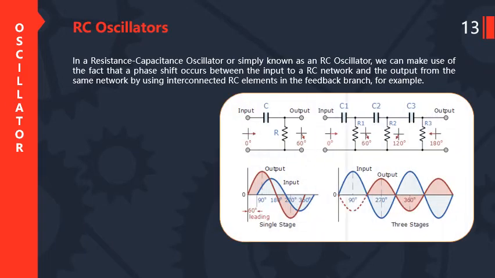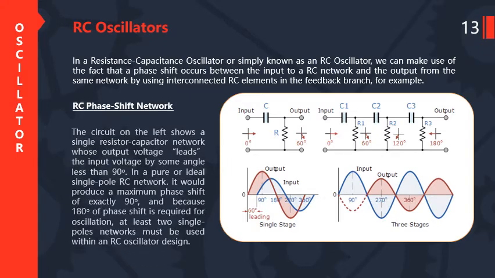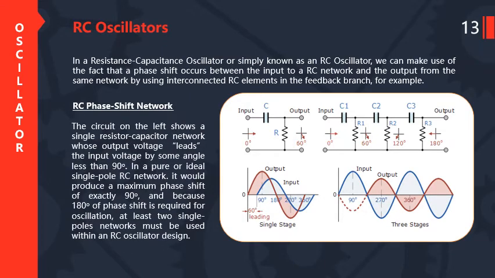For example, the RC phase shift network, or RC phase shifter. The circuit on the left shows a single resistor capacitor network whose output voltage leads the input voltage by some angle less than 90 degrees.